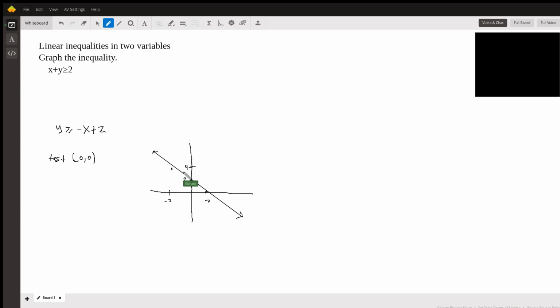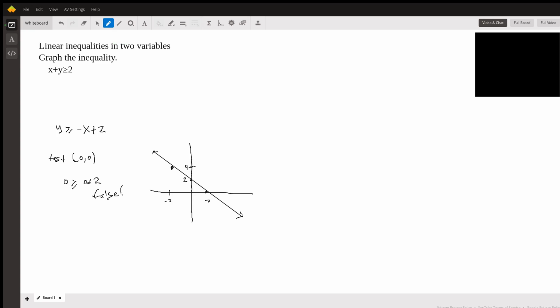But this line does not go through the origin, so I'm going to use it. So 0 greater than or equal to 0 plus 2. Is that true or false? That's false. 0 is not greater than 2. So the origin is not part of the solution region, which means our solution region is above the line.